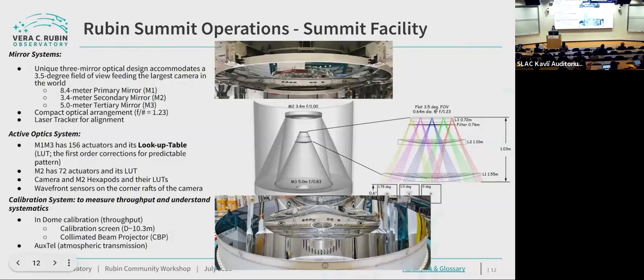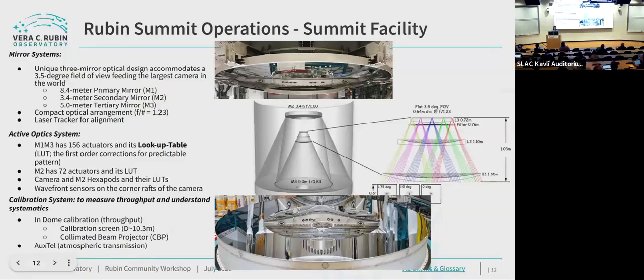Real-time control is also done by the wavefront sensors, which are on the focal plane at the edge of the camera. And the lookup table is the first-order correction for predictable patterns for the AOS system.